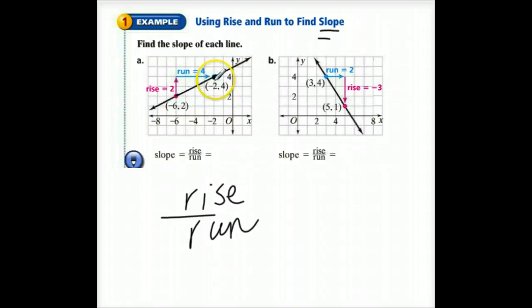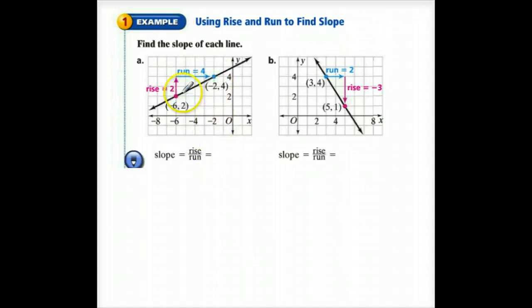Sometimes they're given to you, sometimes you just need to find where the line crosses those grid points at a nice even grid square. So they've chosen 2 for us right here. Start at 1 point. Doesn't matter if you start here and go down or here and go up. Pick a point. See how much I have to go up and then over to get to the next point.